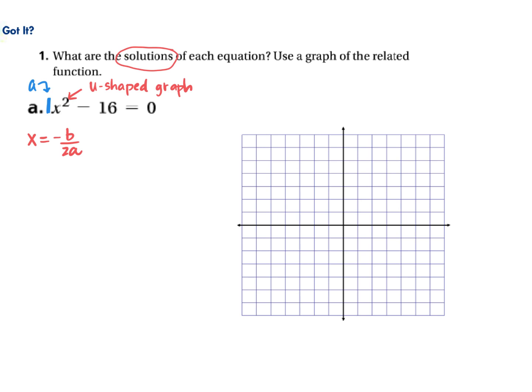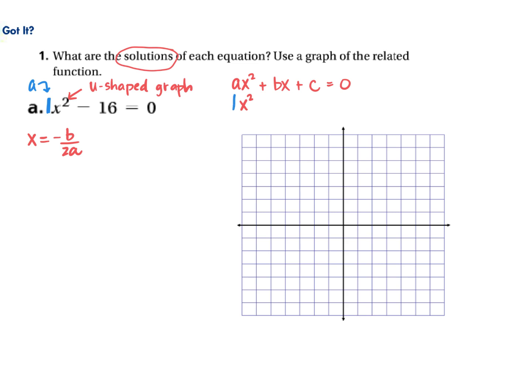The value of b is always going to be by the x term, and the value of c always comes last. And so the way it should normally go would be ax squared, and then bx, and then c, and then equals 0. So what we have is an x squared, so we need to understand that there's a 1 there.